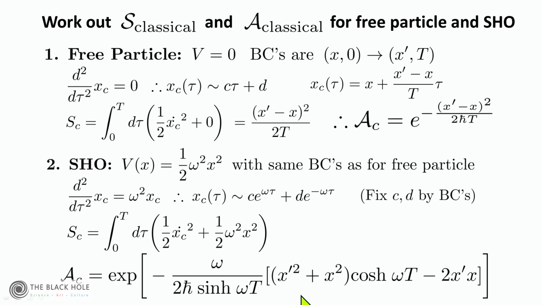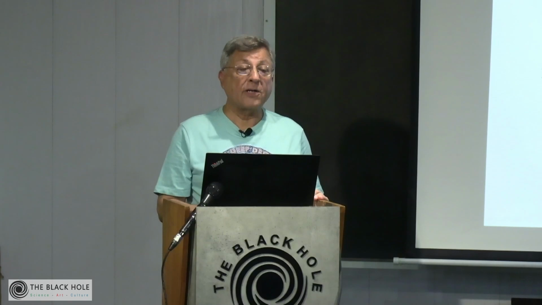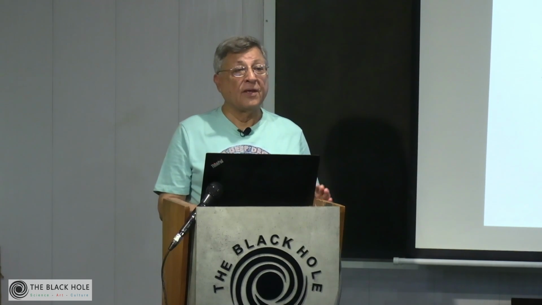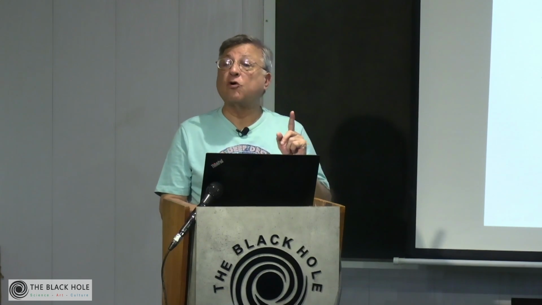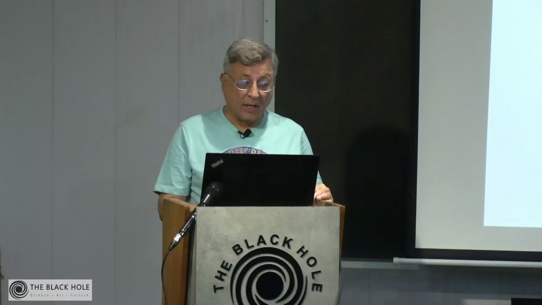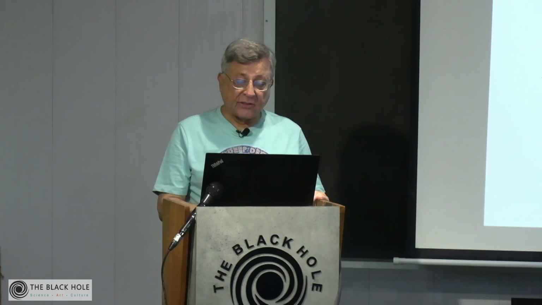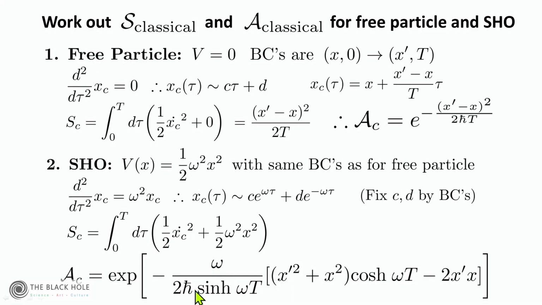Let's see, can we make sense of this? Does it agree with the free particle? Well, to get the free particle, we should let omega go to 0. If I make omega small, then hyperbolic sine of omega t goes to omega t.